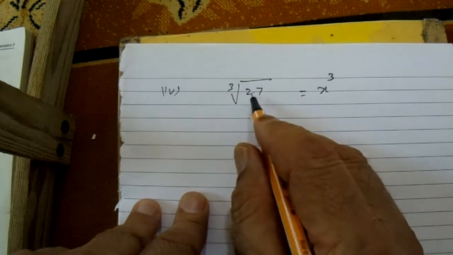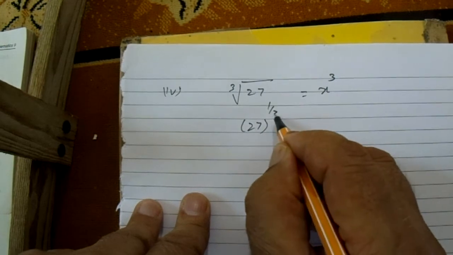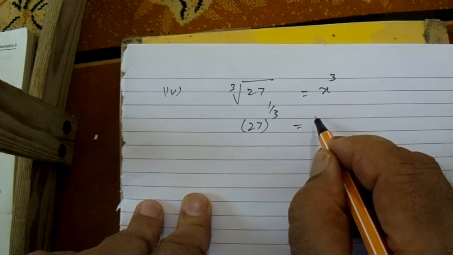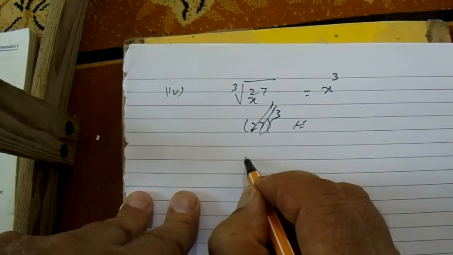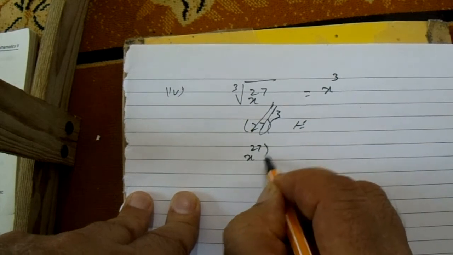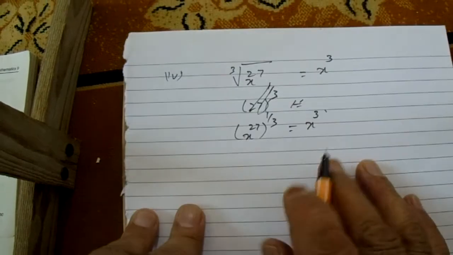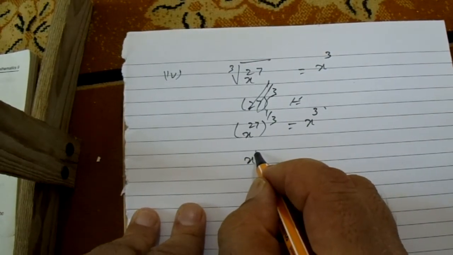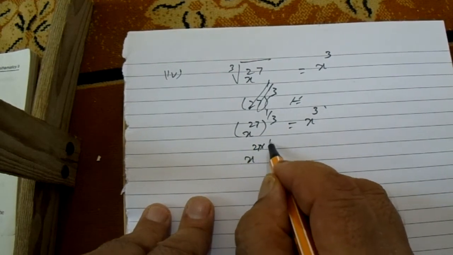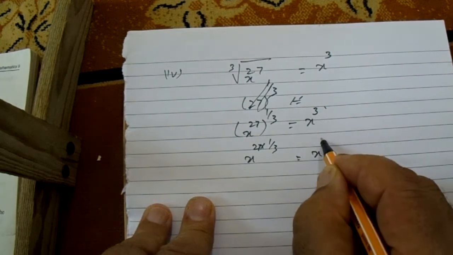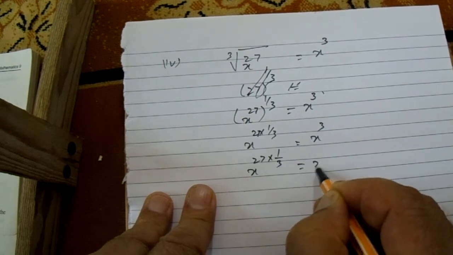You write 27 to the power 1 by 3 is equal to x to the power 27. Now here, 27 to the power 1 by 3 is equal to x to the power 3. Now, again, x to the power 27 multiplied by 1 over 3 is equal to x to the power 3.